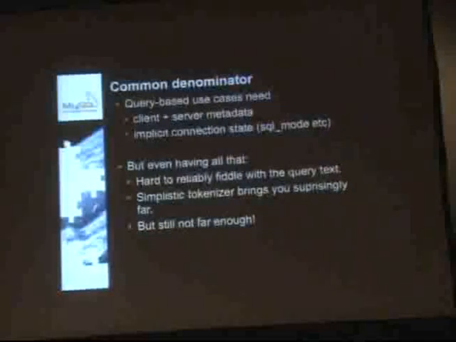So there's actually a common denominator with all of them. I'm focusing on the query-based ones right now. For one thing, we need client and server metadata. We have that. Proxy is aware of that, knows the protocol. And implicit connection state. All this stuff you can set in MySQL makes it really hard to interfere with it, because you can change the SQL mode and that changes all kinds of things.